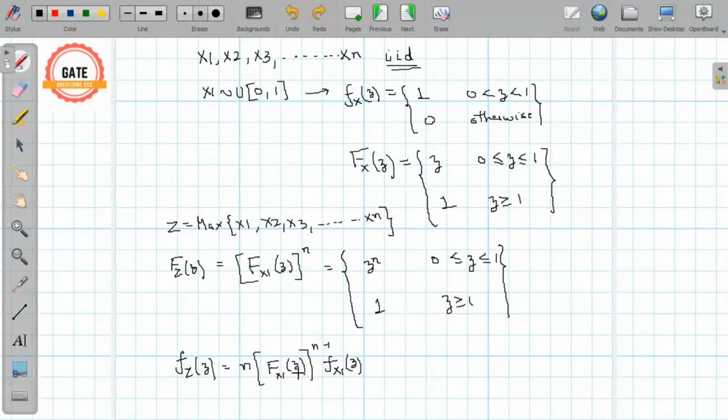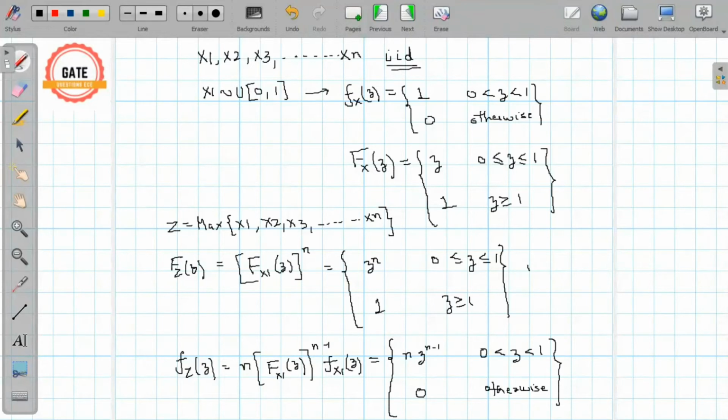Now by putting the CDF expression here and the PDF expression here, we can easily calculate the PDF of Z. That gives us n times the CDF raised to power n minus 1, so z raised to power n minus 1, multiplied by the PDF, which is 1, in the range z greater than 0 and less than 1, and for all other values it will be 0 otherwise.